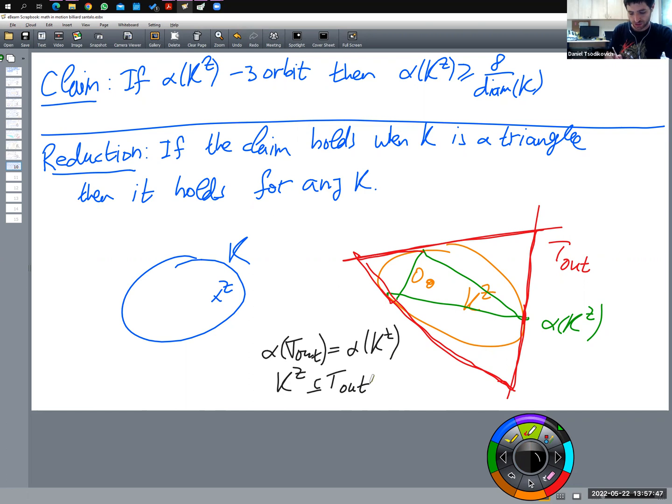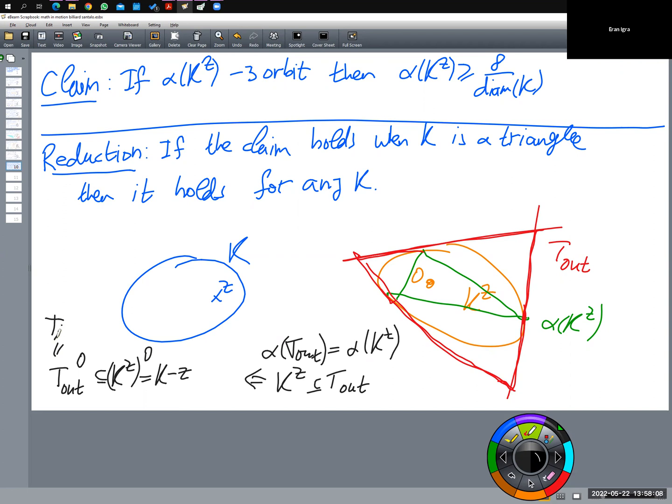So now I can take the duals, which will reverse inclusions. So the dual of T out with respect to the origin is contained in the dual of Kz, which is a shift of K. And the dual of a triangle is a triangle, as we explained. So if I call this triangle T in, then this means that I have somewhere in the left picture this triangle.